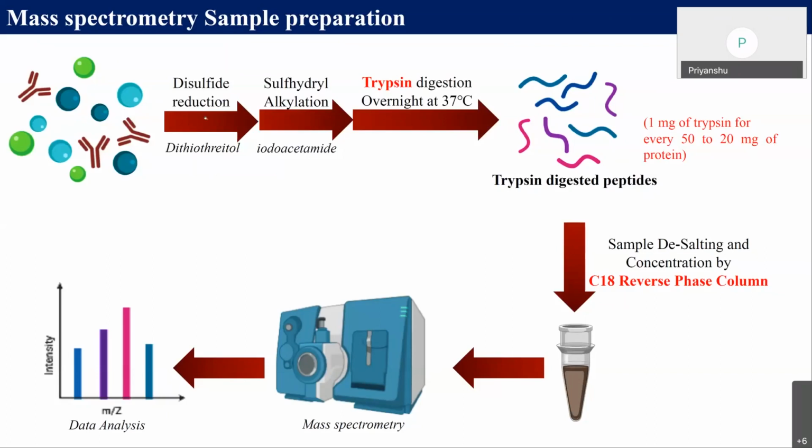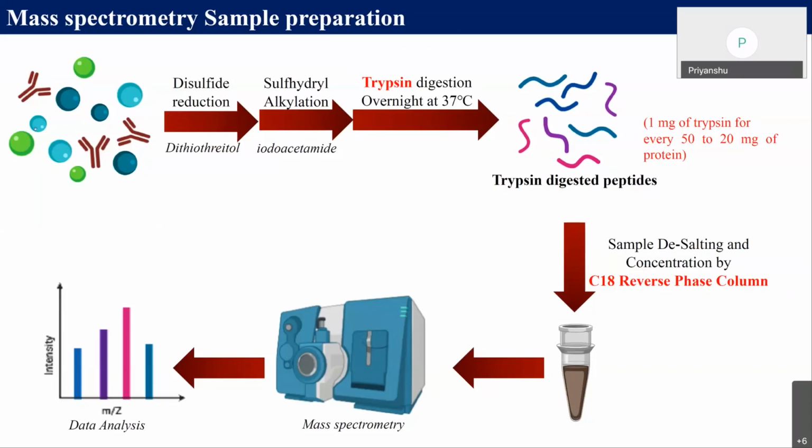After this treatment, all disulfide bonds break, and this process is known as disulfide reduction. After that, you can incubate it with iodoacetamide. This iodoacetamide is another chemical agent, an alkylating agent, which is used to bind the thiol group on the sulfide bond.